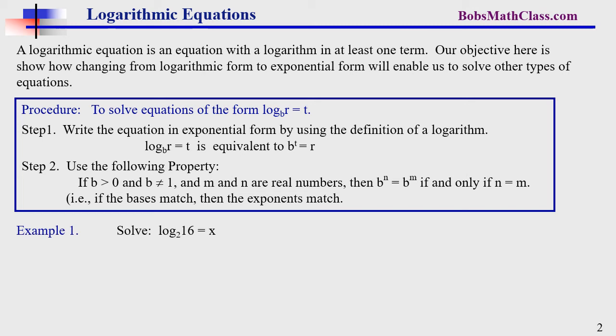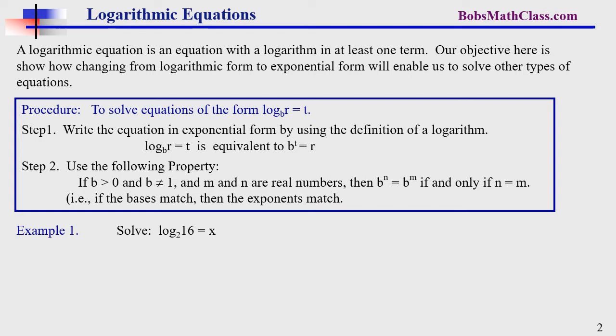All right, here's our first example. Log of 16 base 2 equals x. So let's change that to exponential form. Right now it's called logarithmic form because it has a log. So what would that be in exponential form? Well, which one is the base? The base is that lowered number, right?